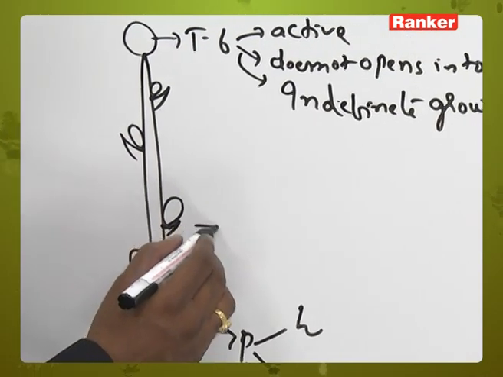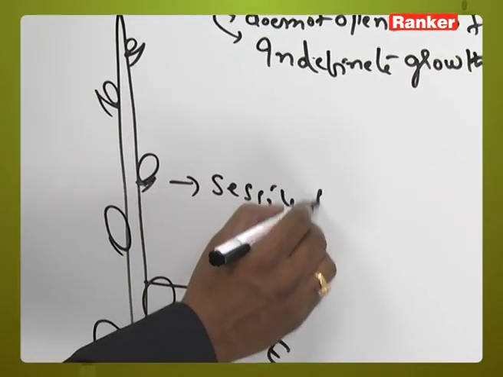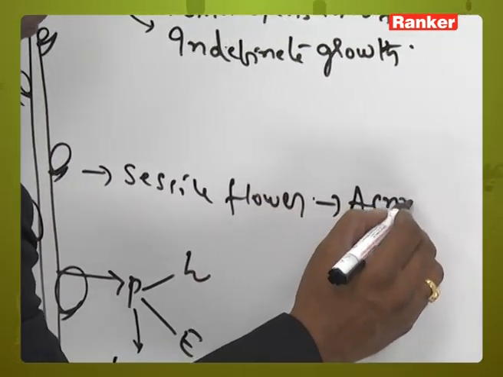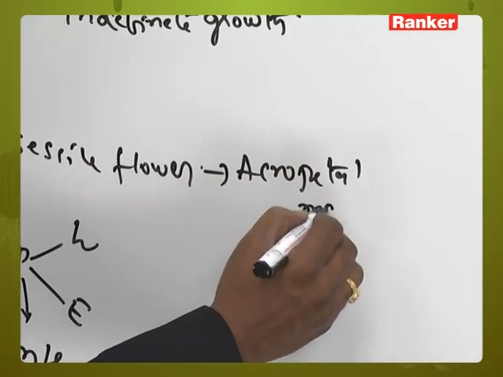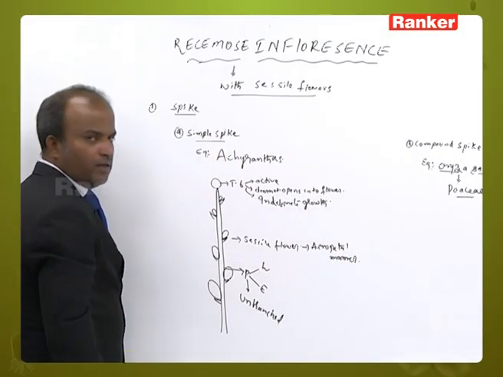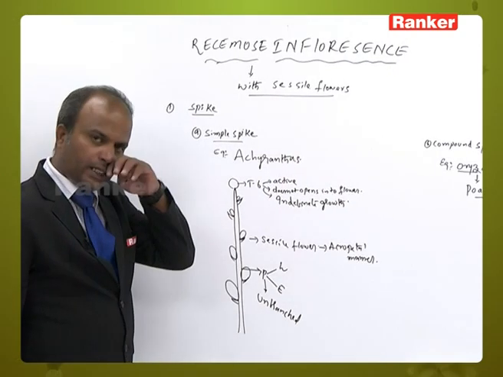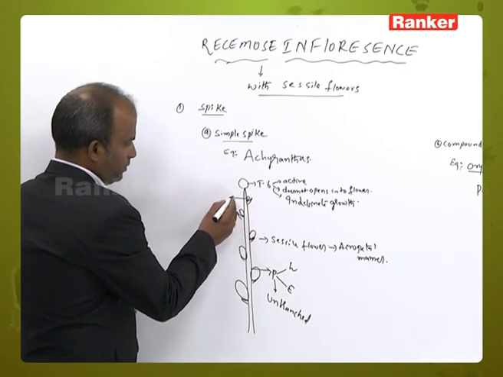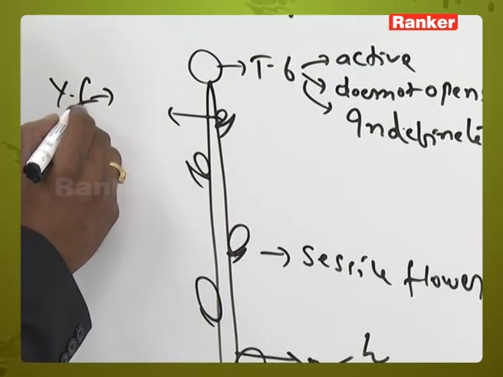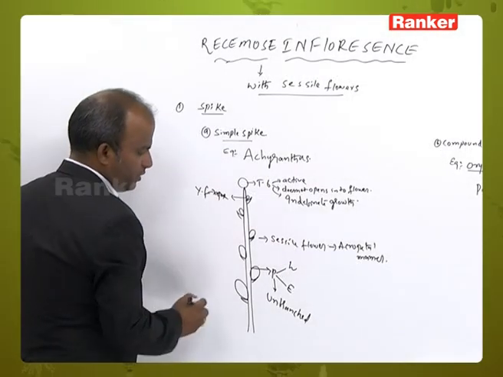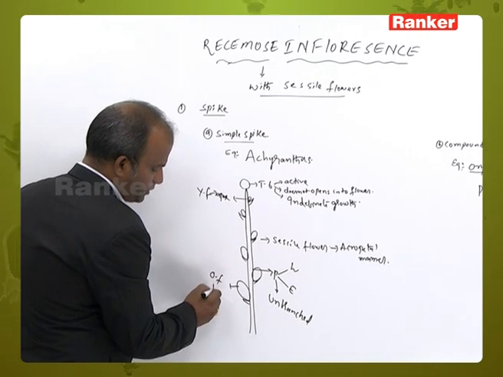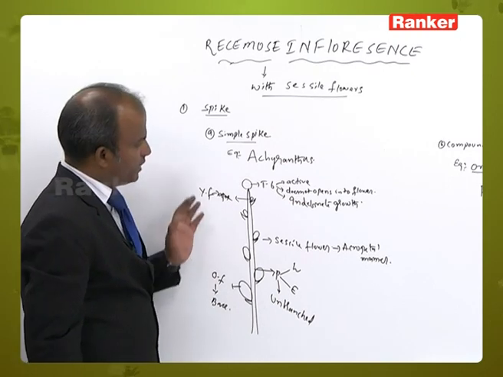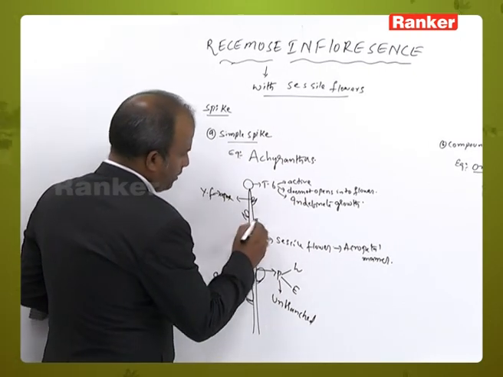In an acropetal manner. What is meant by acropetal arrangement? Younger flowers are present towards the apex of the peduncle, whereas older flowers are present towards the base of the peduncle. This type of arrangement is called acropetal arrangement.